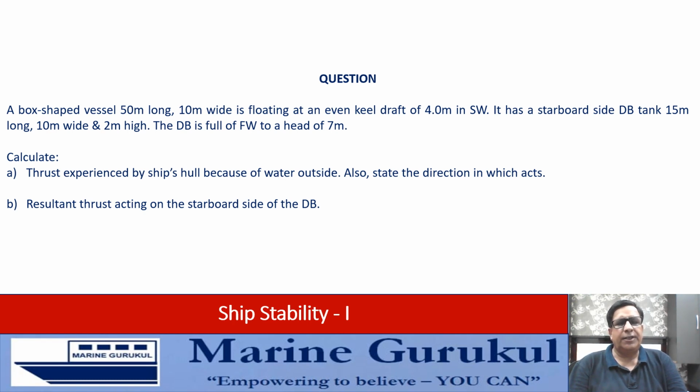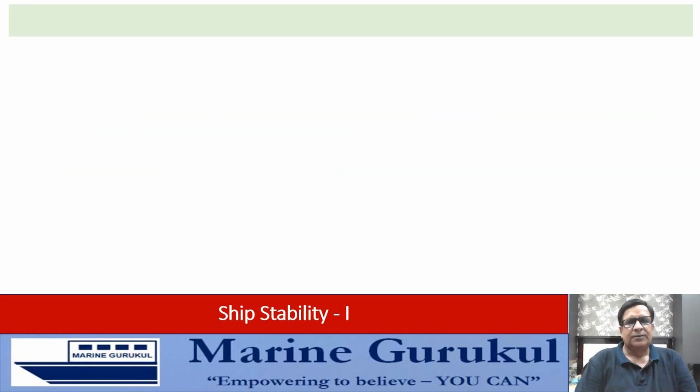The DB is full of fresh water to a head of 7 meters. Calculate A. Thrust experienced by the ship's hull because of the outside water. Also state the direction in which this thrust shall be acting. B. Resultant thrust acting on the starboard side of the DB tank.